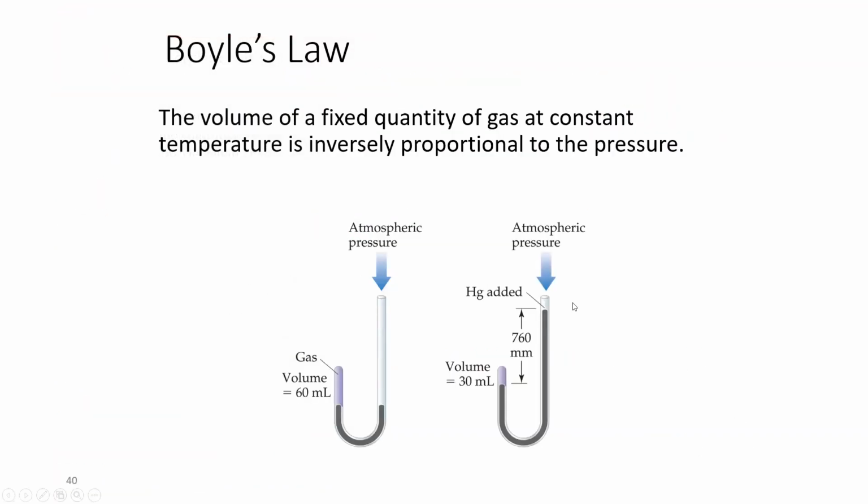All right, and then the next one we'll look at is Boyle's law. Now if we're thinking about a constant temperature, what is the relationship between pressure and volume? What we'll see in this case is that they're inversely related.